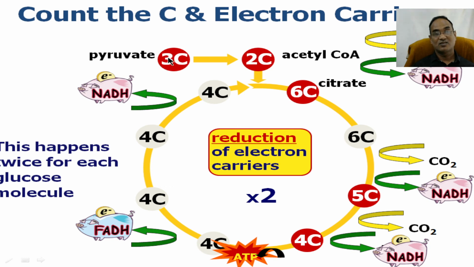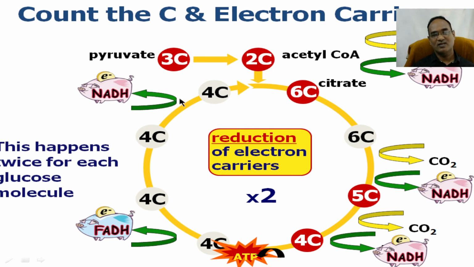These 3 carbon molecules cannot be accepted by the Krebs cycle. So again, pyruvate has to be converted into a 2 carbon molecule, acetyl-CoA. This acetyl-CoA only enters to form citrate. For this process, oxaloacetate has to combine with acetyl-CoA.